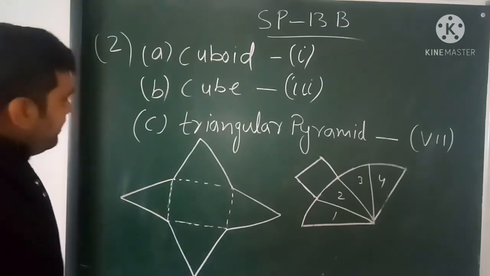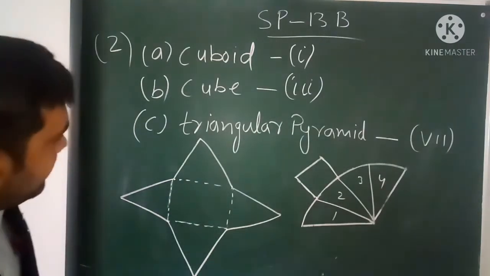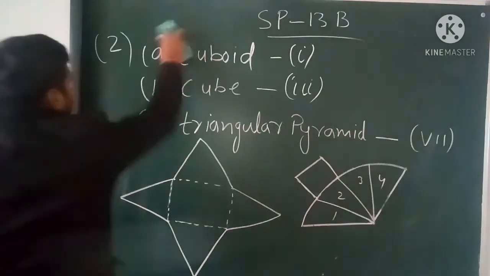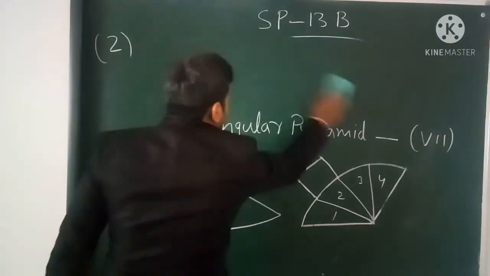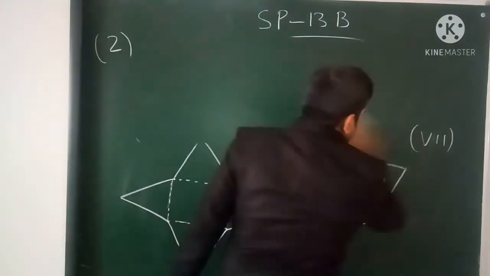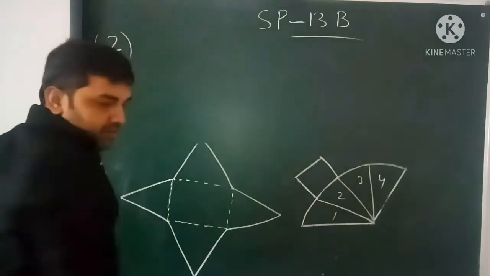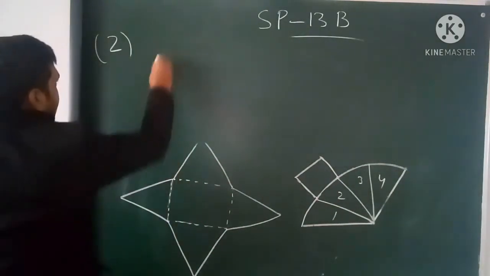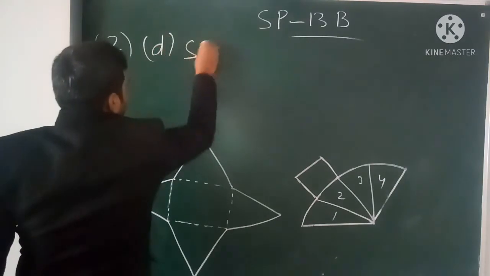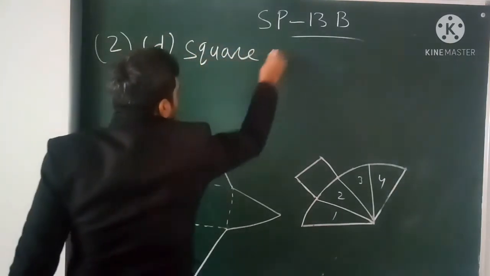So for D we will get option 2, square pyramid.